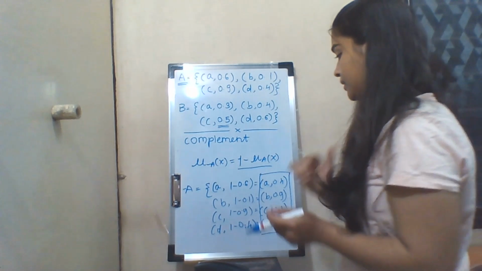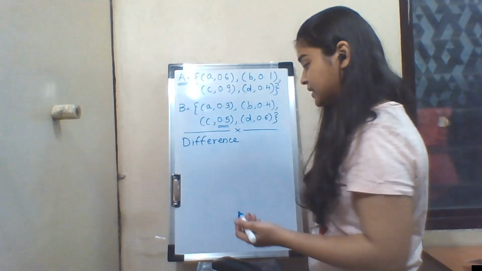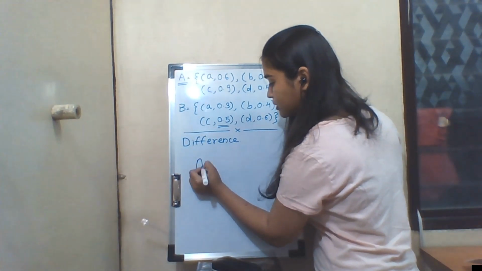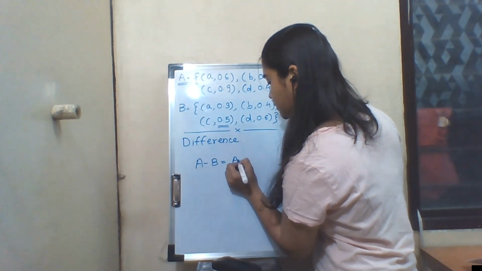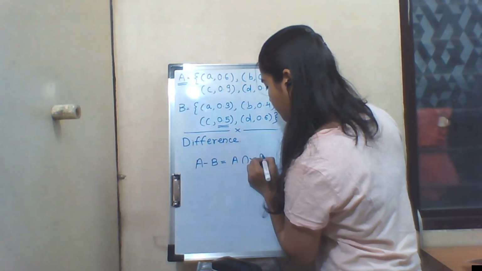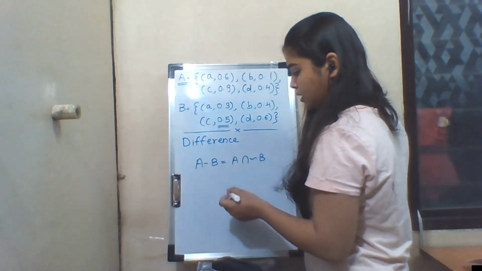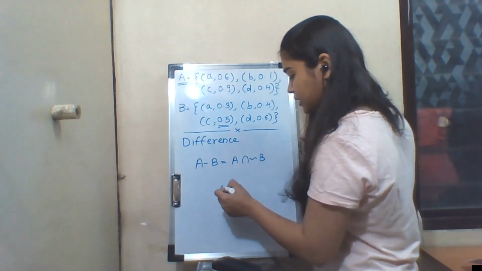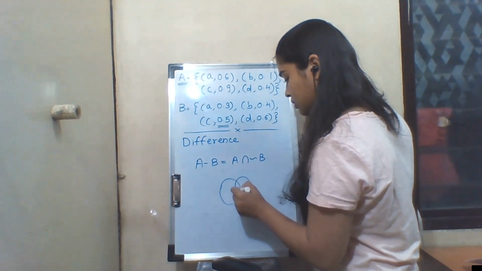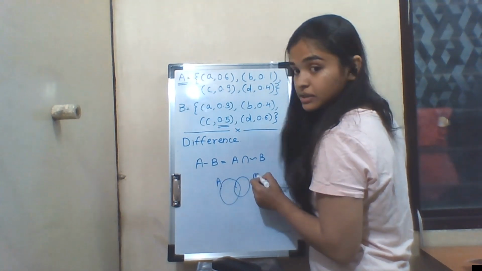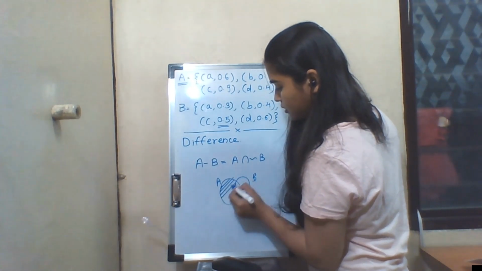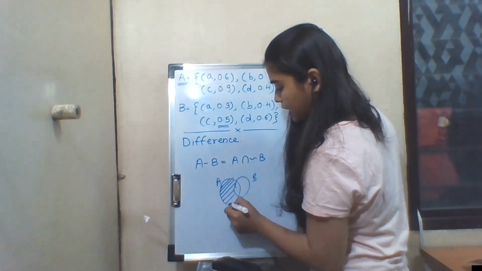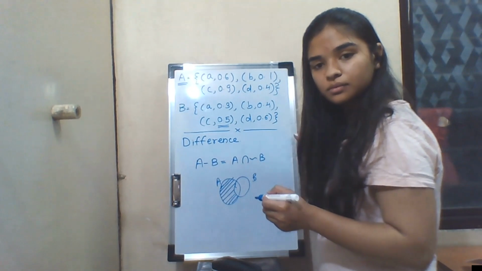Okay. So in case of normal sets, we write the difference operation as A minus B equals A intersection complement of B. If I have to represent it using a diagram, let's say this is set A and this is set B. This is the area which you get in the difference operation.